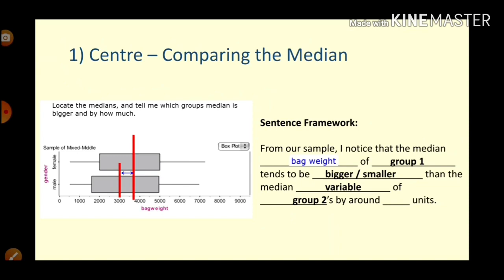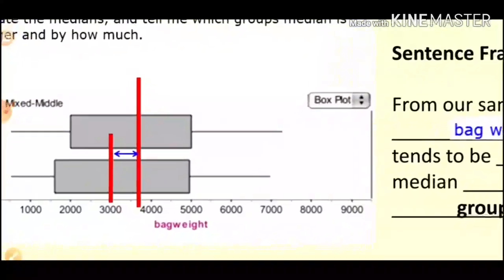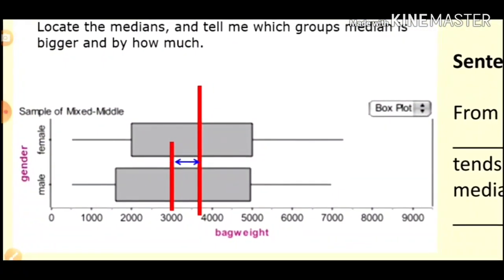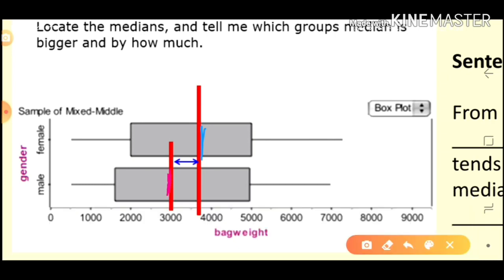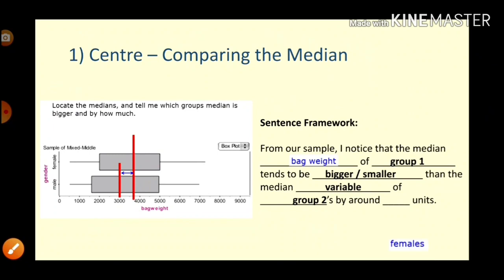The median for female is this one, and the median for male is this one. Obviously the female median is bigger than the male. So the bag weight of female students tends to be bigger than the median bag weight of male students.